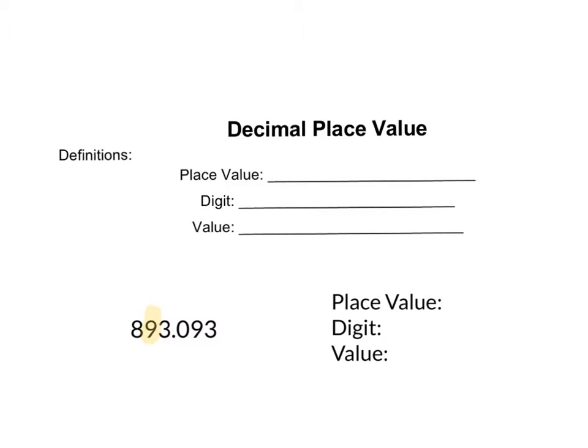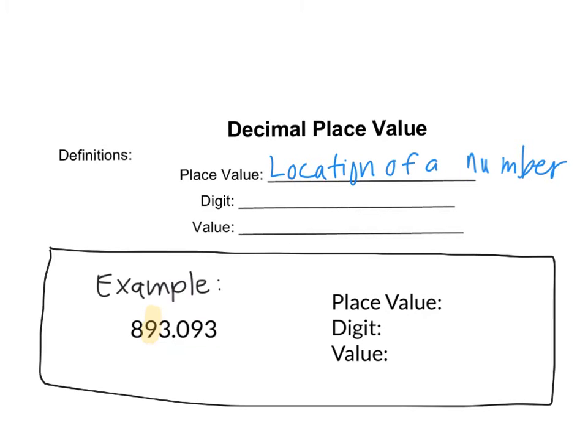So we're going to talk about the difference between place value, digit, and value, because those words are very important. When we're talking about place value, we're talking about the location of a number. Okay, let's take a look at the example at the bottom to talk about what we mean by place value.